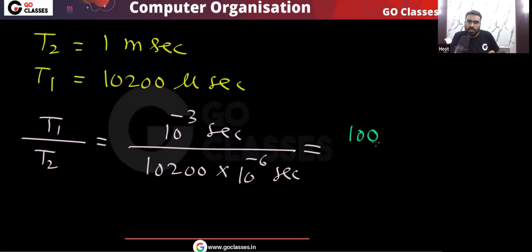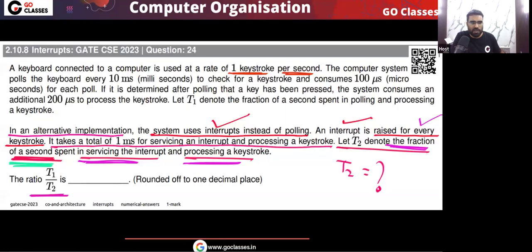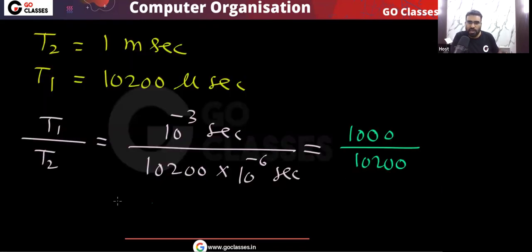So now what will it become? It will become 1000 divided by this value. Can anyone tell me what this value is? Take a calculator and tell me, rounded off to one decimal. This is 10 divided by 102. What is that?